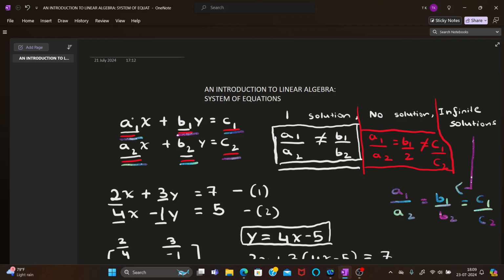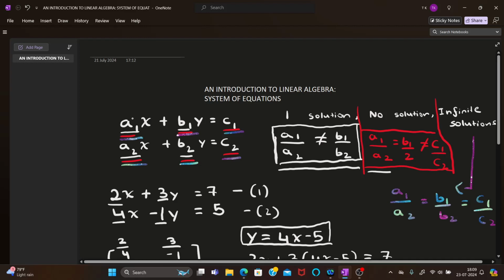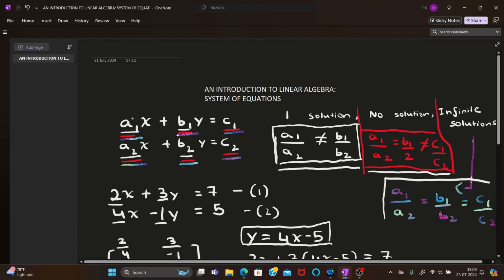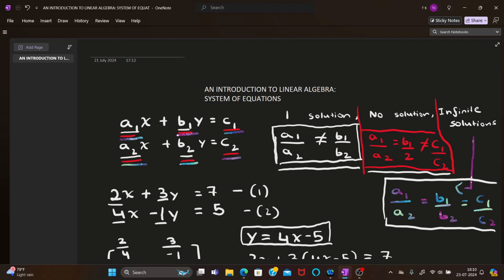No solutions is when a1 over a2 is equal to b1 over b2, but is not equal to c1 over c2. And finally, you have infinitely many solutions when a1 over a2 is equal to b1 over b2, which is equal to c1 over c2. So this is when you have infinitely many solutions.